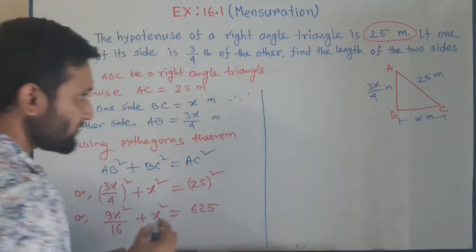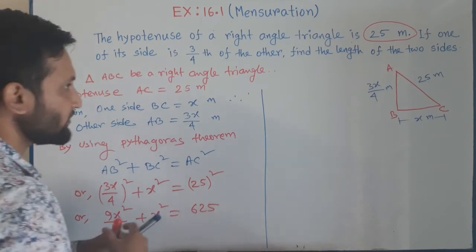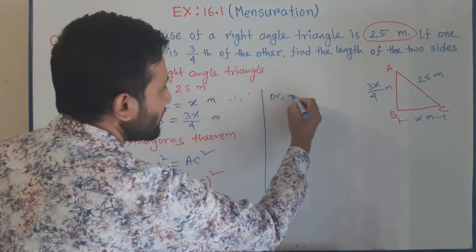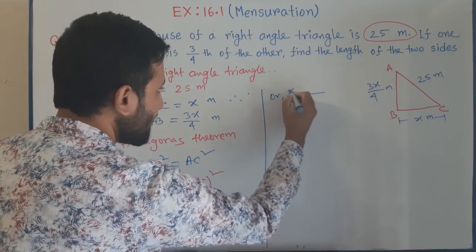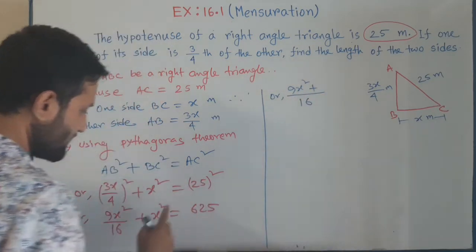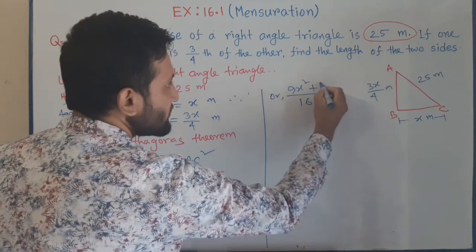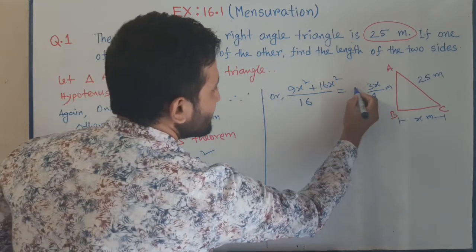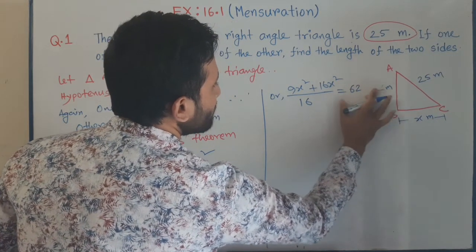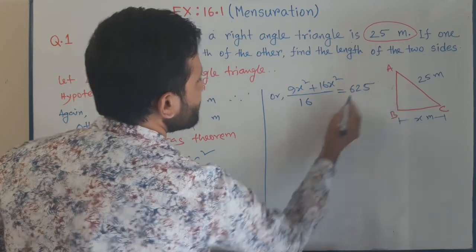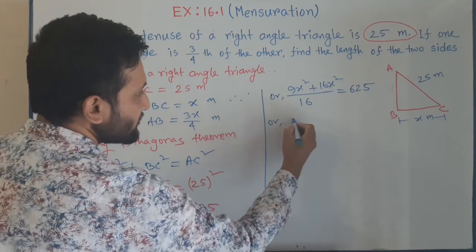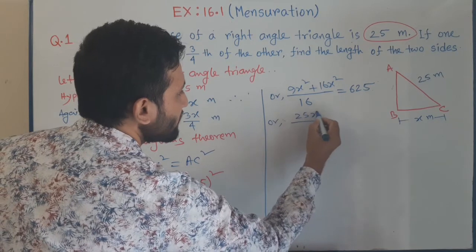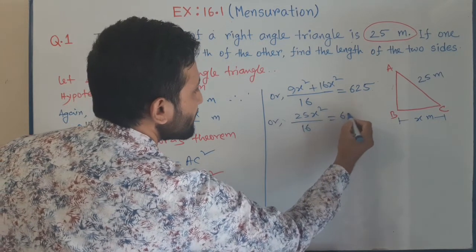By using LCM on the left hand side, LCM is 16, so 9x square plus x square into 16, that means 16x square, equals 625 on the right hand side. So we can write 9x square plus 16x square, that means 25x square, divided by 16 equals 625.